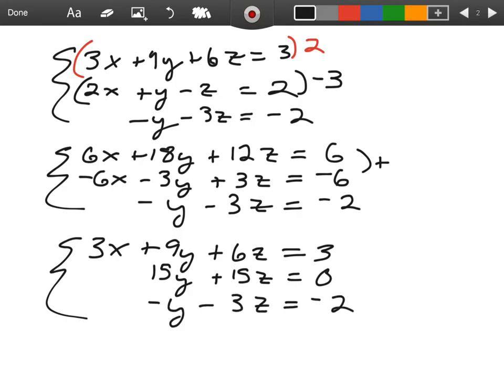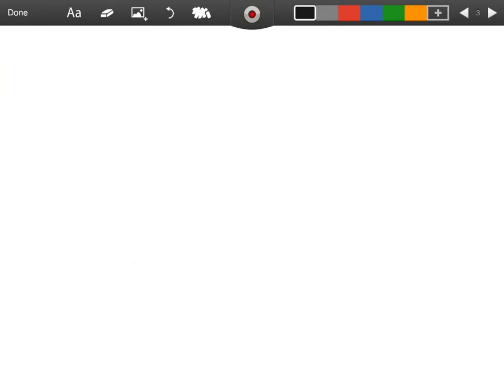Now I'm going to simplify this second equation by dividing everything by 15. All the coefficients become 1, 1, and 0 divided by 15 is still 0.